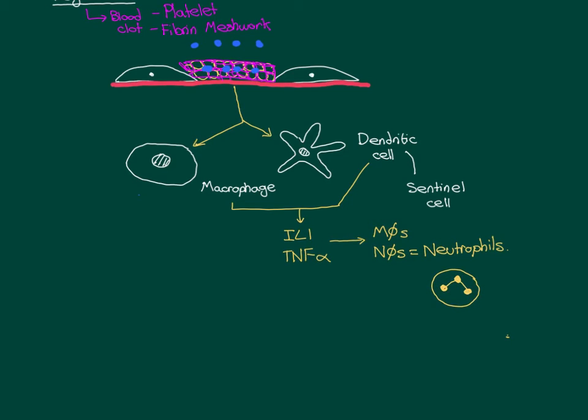And it's not necessarily just 3 lobes. You can have 4 or 5 lobed nuclei in neutrophils. And as I say, they are a phagocyte, so they engulf pathogens and break them down, just like macrophages. They're not as good at doing it as macrophages. Macrophages are stronger than neutrophils.